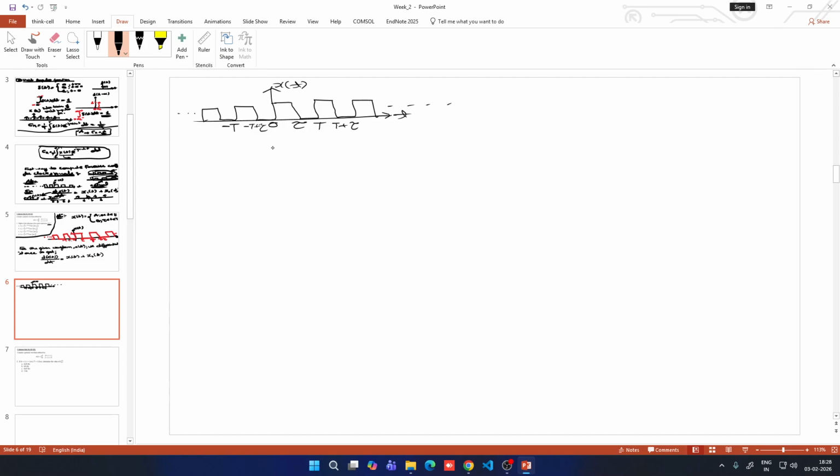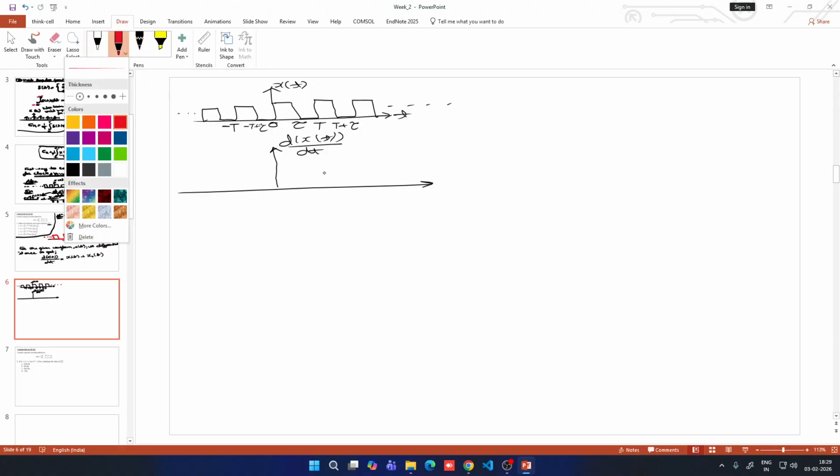So now we have taken the differentiation, dx of t by dt. Now I'll draw it. The amplitude here is a. From 0 this is a rising pulse, then it is constant till tau, and it falls down.